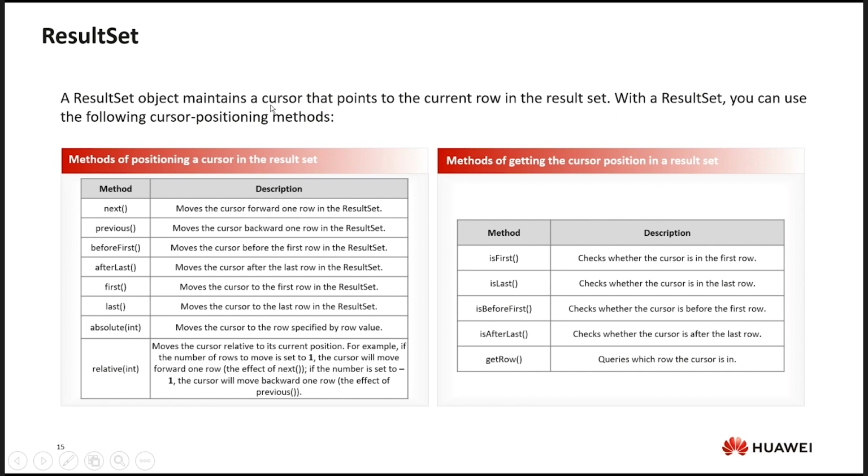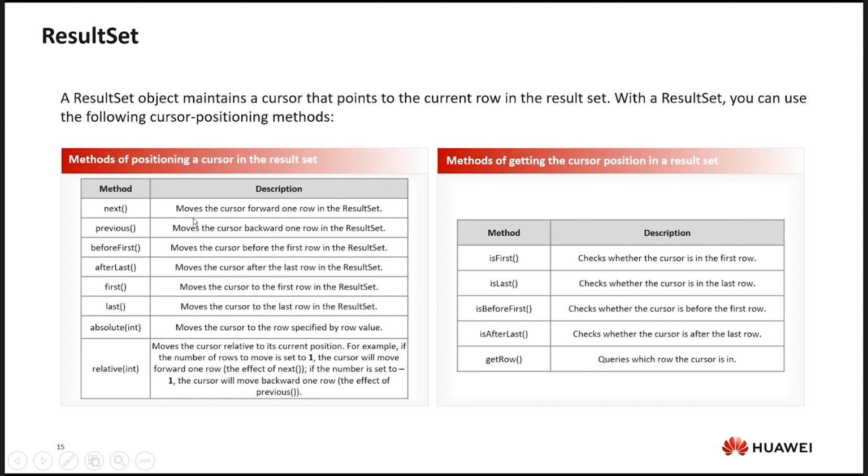Here is a cursor maintained by the result set. It points to the current row in the result set. So here are the APIs to manipulate the cursor. On the left, they can move the cursor. On the right, they can check the status of the cursor.